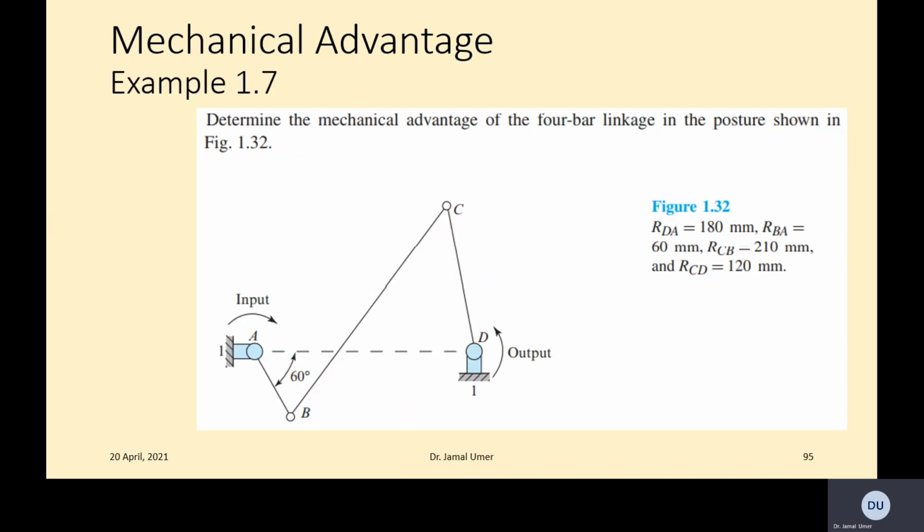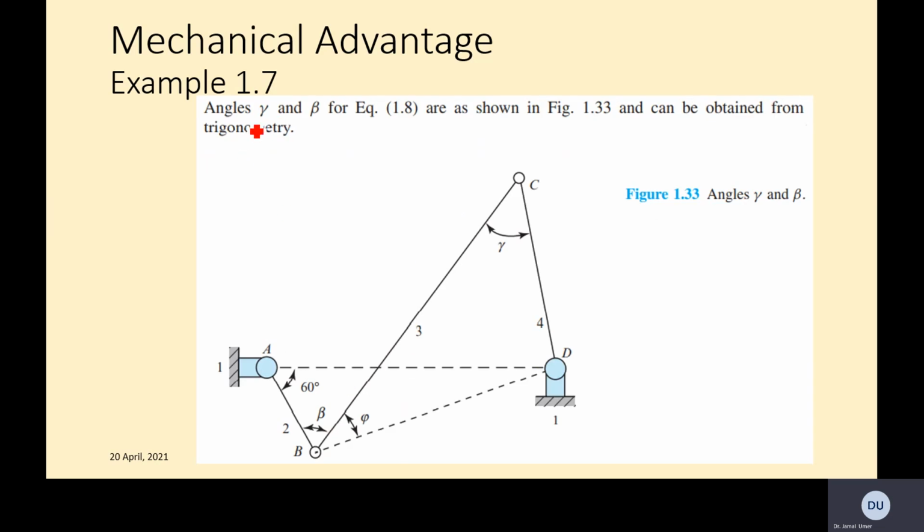Now, angle gamma and beta for equation 1.8. This one angle is 60. We need the angle between these two lines, the crank and the coupler, which is beta, as shown in figure 1.3, and can be obtained from trigonometry. We need to do some trigonometric evaluation to find these angles.